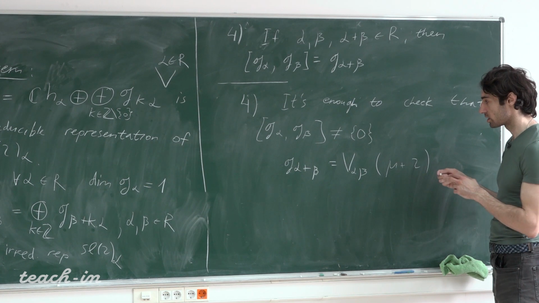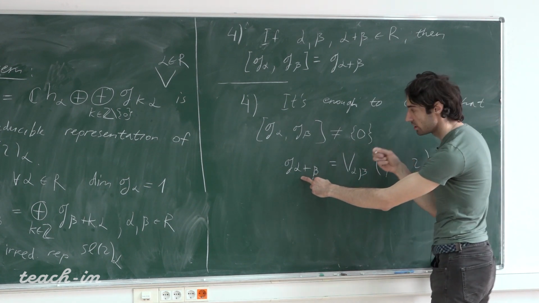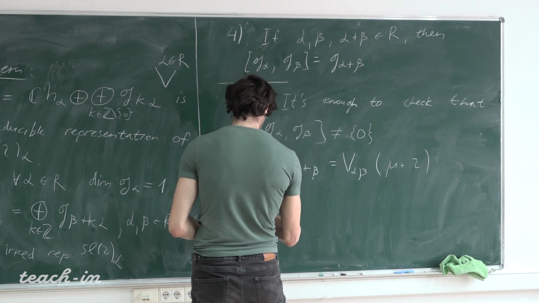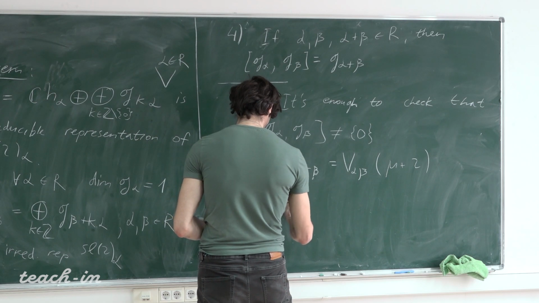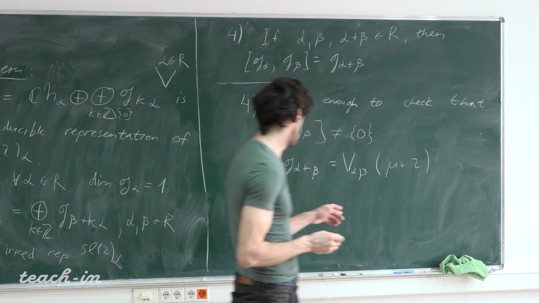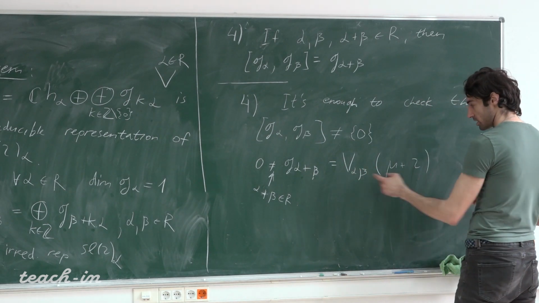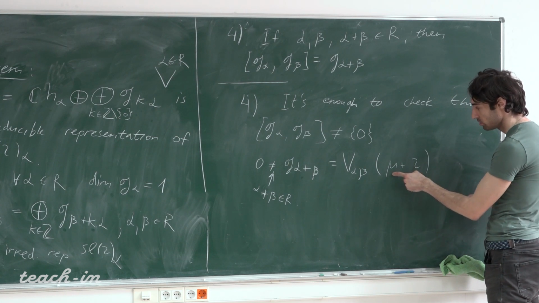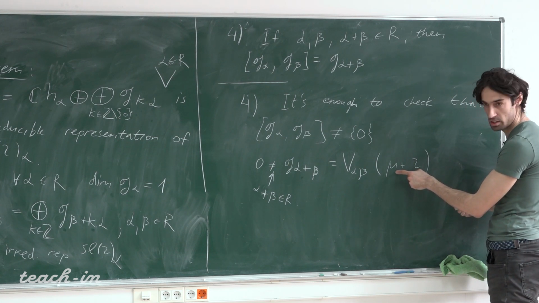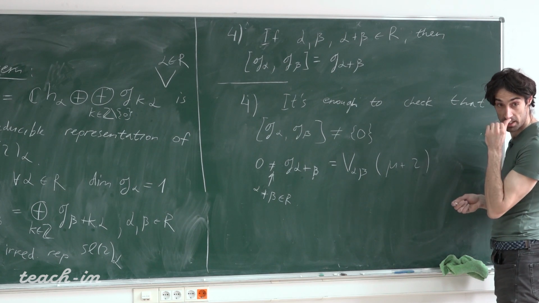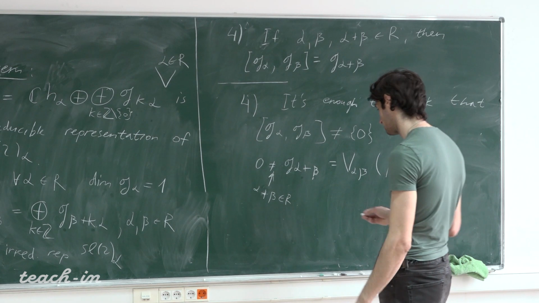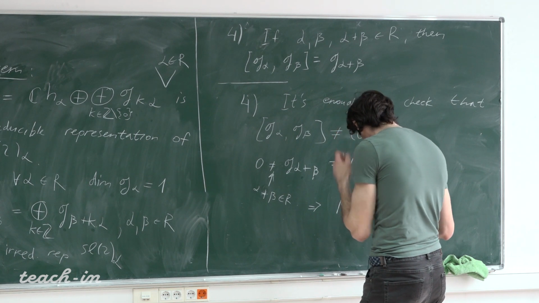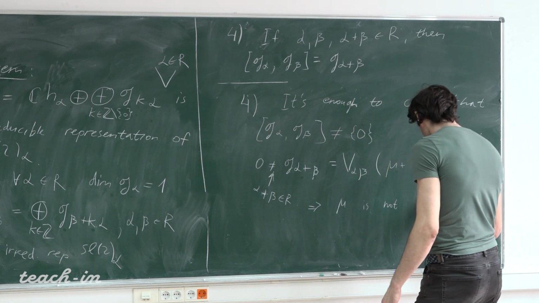Since alpha plus beta is a root, this thing is not 0. This is because alpha plus beta is a root. Therefore, this weight subspace is not 0. Therefore, mu is not the highest weight in this representation. Mu is not the highest weight.